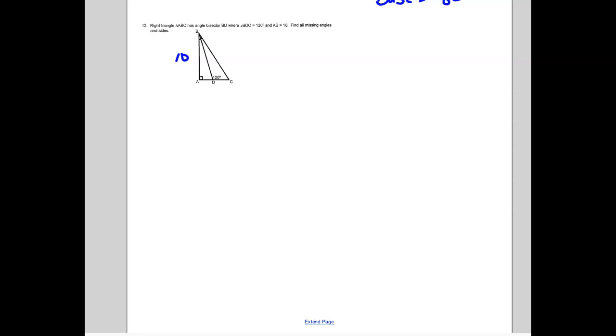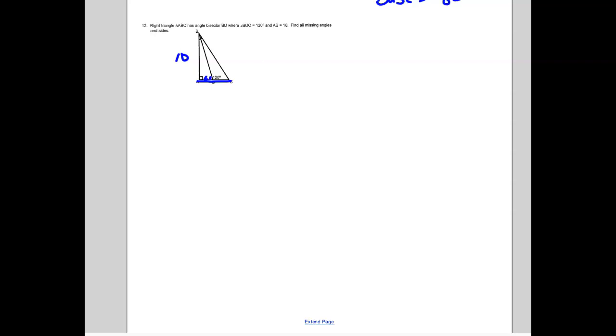Find all missing angles and sides. So let's start with figuring out, we have a straight line here, and if we know that one angle is 120, then its supplementary angle would be 60.